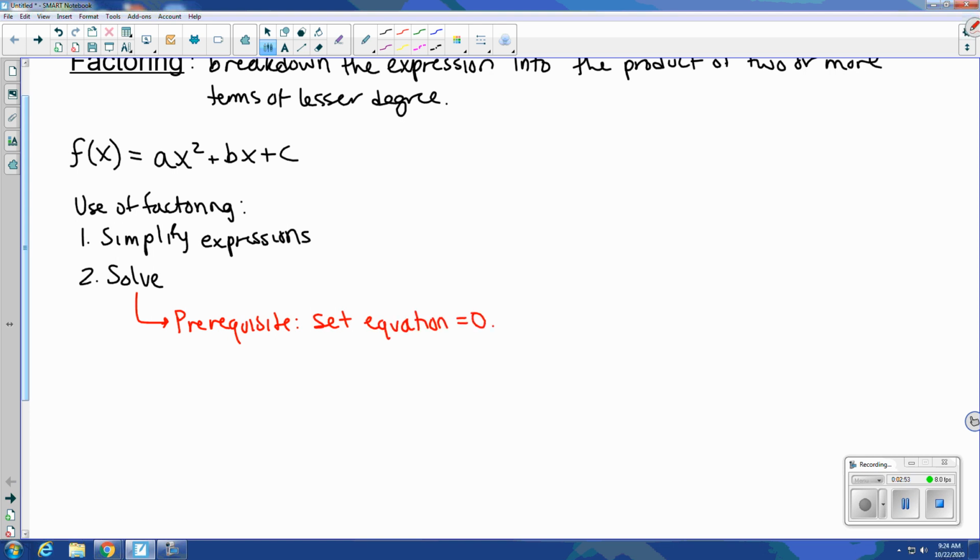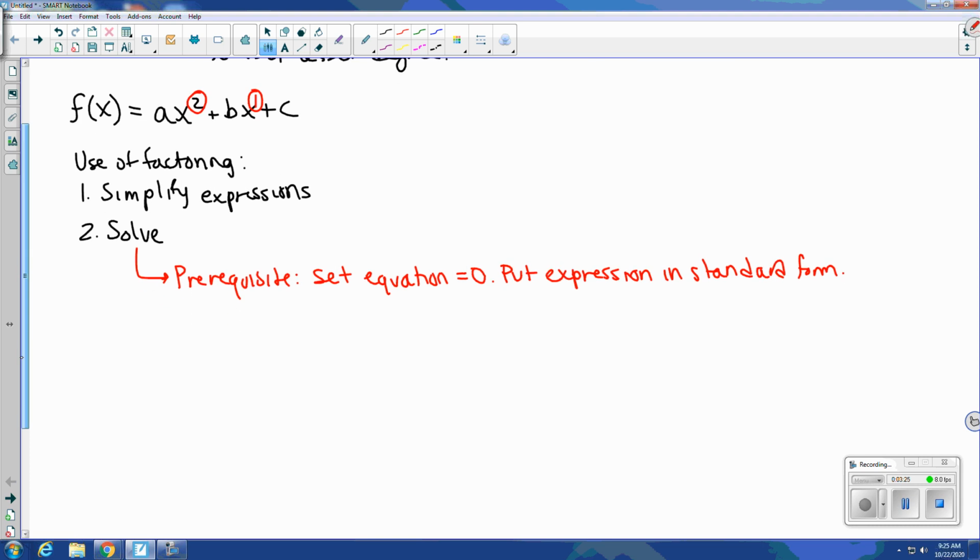And then next, put the expression in standard form. Make sure that in standard form, it's in descending order according to degree. So the first term is degree 2, then we have degree 1, and the last one's degree 0, technically. So make sure it's the squared, the linear, and then the constant term in descending order. You'll see why that's important when we go through the actual algorithmic process to factor quadratics.